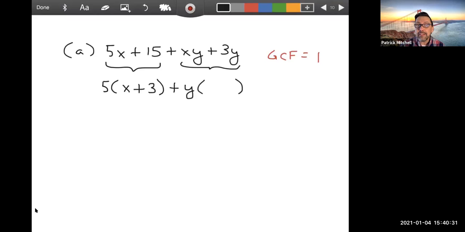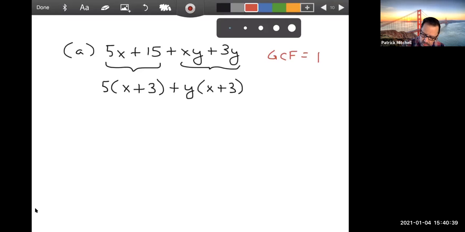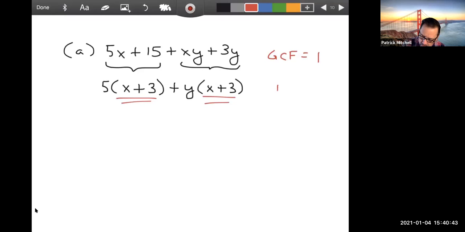I'm left with x plus 3. Notice that those 2 binomial factors are the same, and they need to be the same in order for factoring by grouping to work.